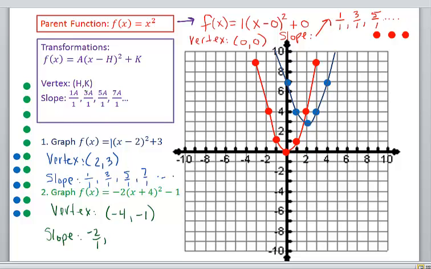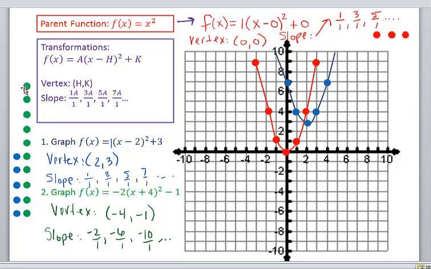Then negative 2 times 3 over 1 is negative 6 over 1. And then negative 2 times 5 is negative 10 over 1. I could continue, but we know we won't be counting down 10 and to the right 1 because our limit is 10 here. So I want to plot each of these points.